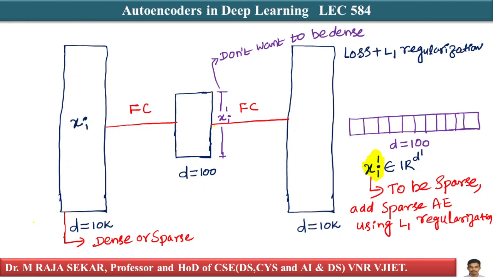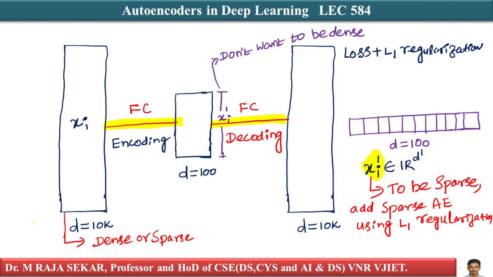What are the encoded values here? The output of the hidden layer. You can think of this as the encoding stage, or compression stage, and this is the decoding stage or decompression stage.